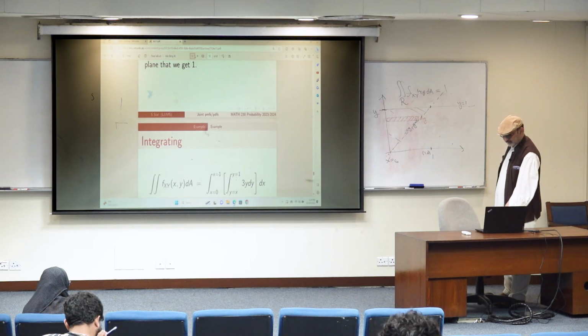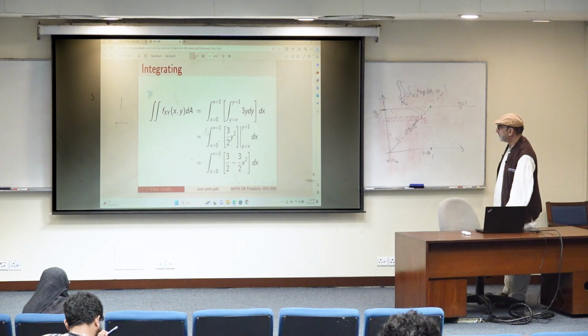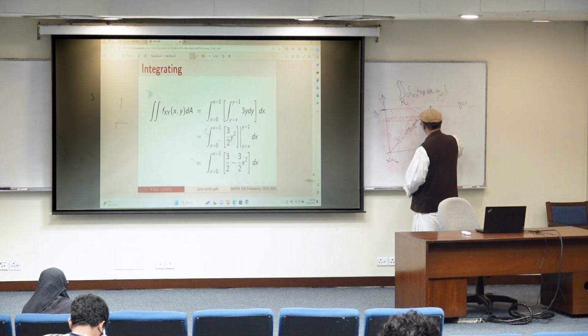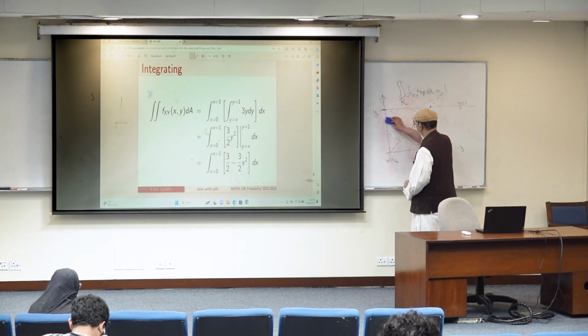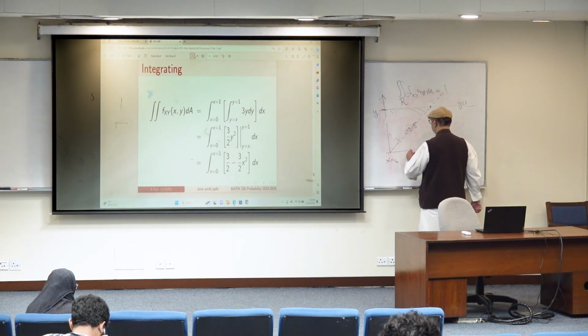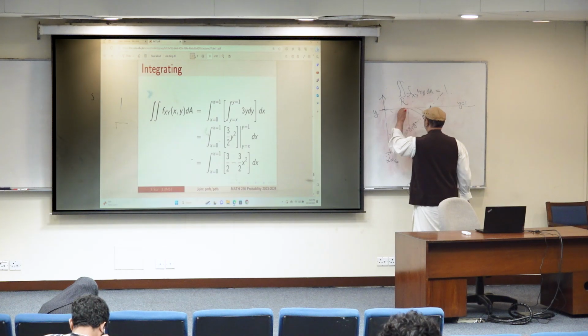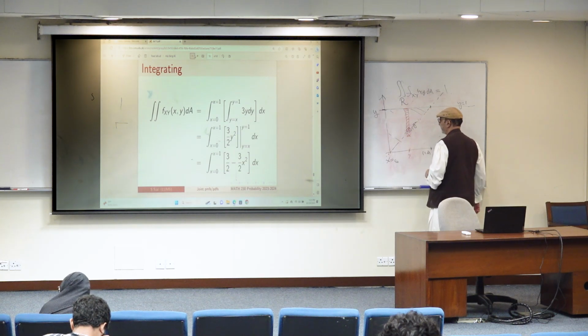Okay? So let's say I decide to do the y integration first. Then my x is fixed, and my first integral is the integral over a thin strip like this of thickness dx.